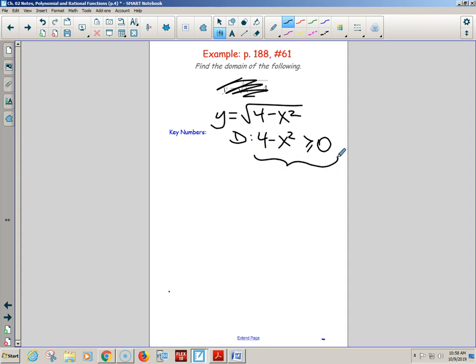That's a nonlinear inequality of section 2.7 at its core. So we're going to go ahead and figure out our key numbers, which go ahead and factor this dude. That'd be 2 minus x, 2 plus x. So x equals plus or minus 2.